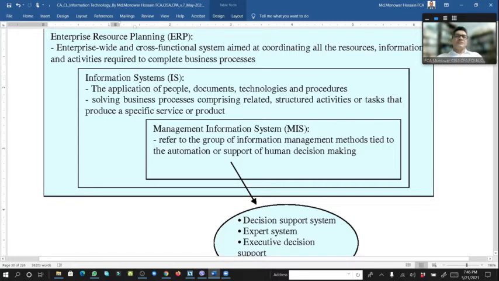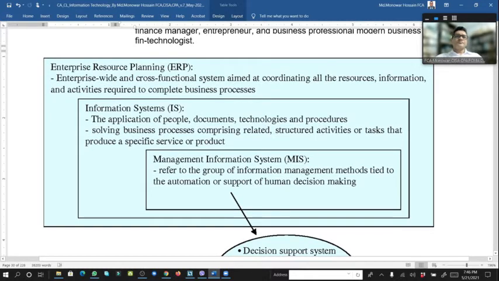And now the enterprise resource planning, an enterprise-wide and cross-functional system aimed at coordinating all the resources, information, and activities required to complete business processes. So here we can say that information system and management information system are all part of the enterprise resource planning system.